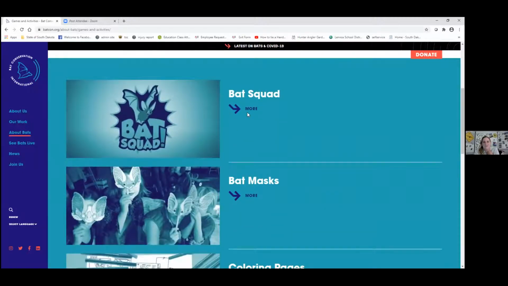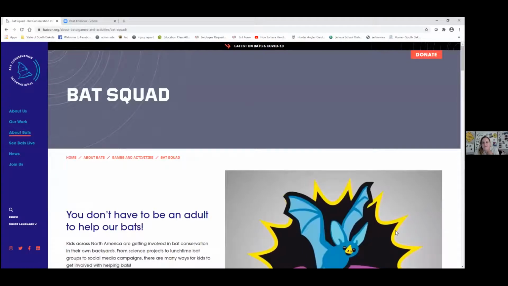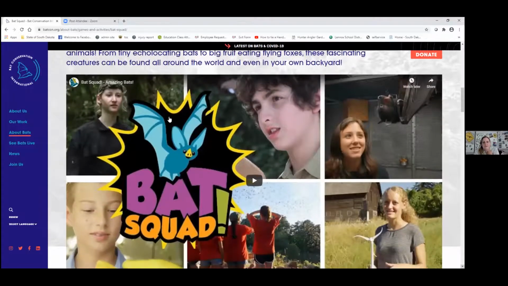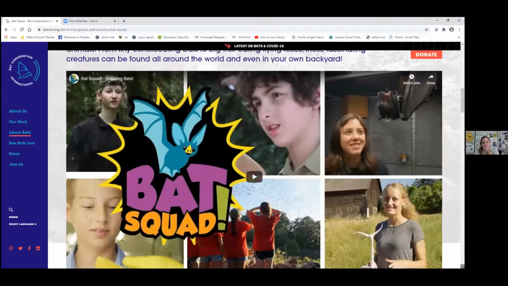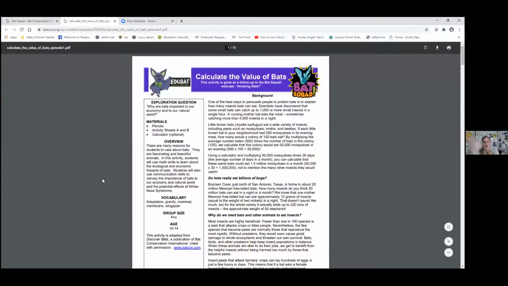So they have the Bat Squad. So cool. So you look on this and scroll down here, and they have these little videos about helping out bats that kids have put together. So this is a really neat activity with kids. And then they have projects that you can do. So we can calculate the value of bats, and they have a whole curriculum.